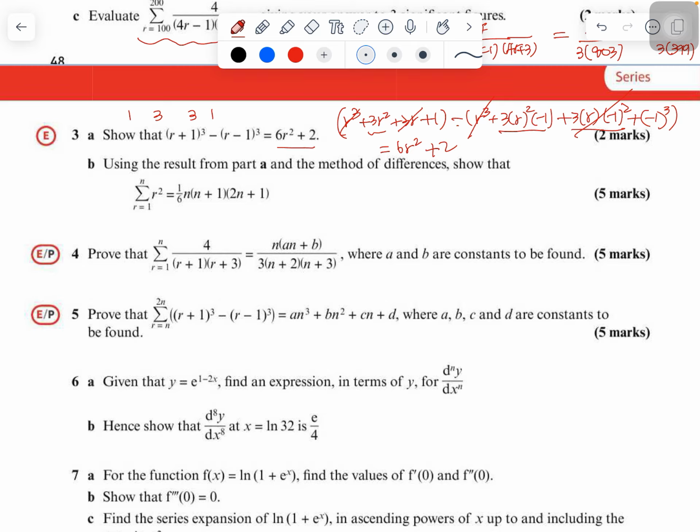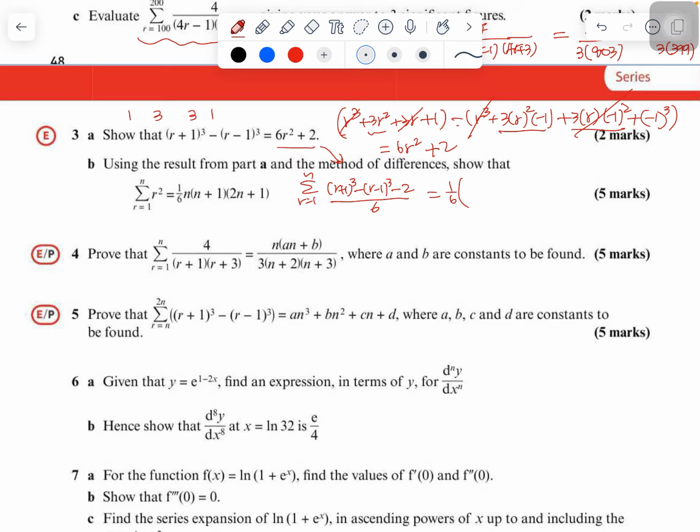Because we need to use that, sigma r equals 1 to n, r squared is maybe r plus 1 cubed minus r minus 1 cubed minus 2, over 6, like this. I just make r squared the subject. So let's take out 1 over 6, and let's put in the numbers from the beginning.